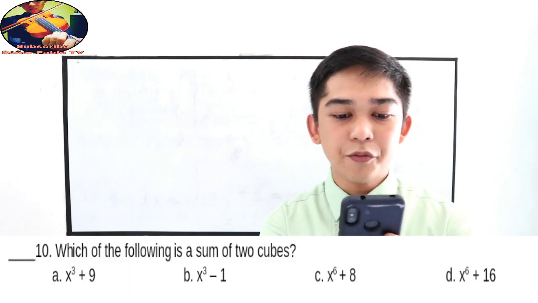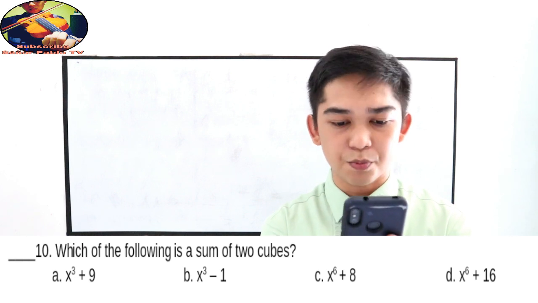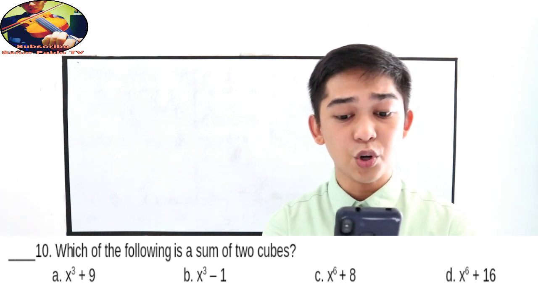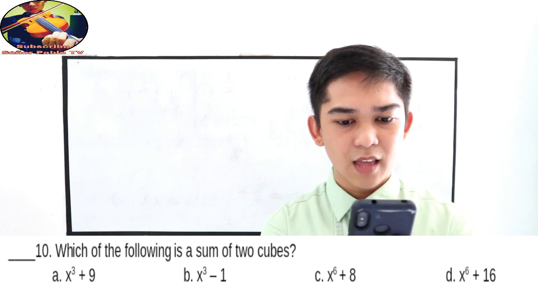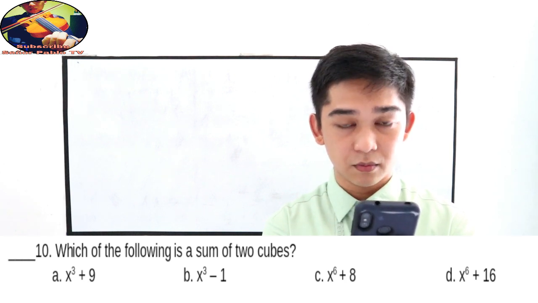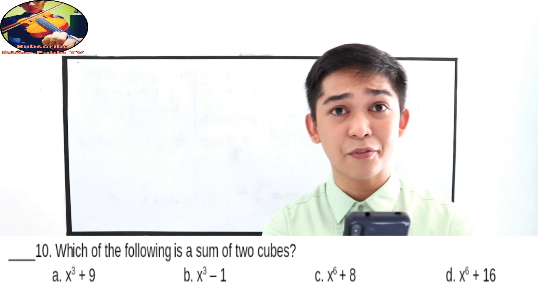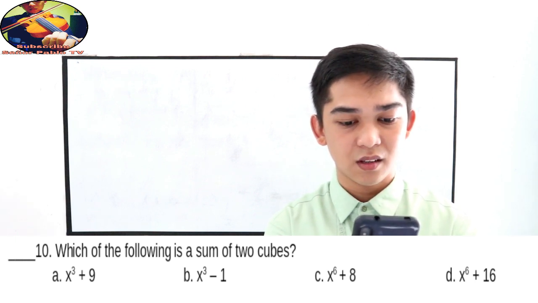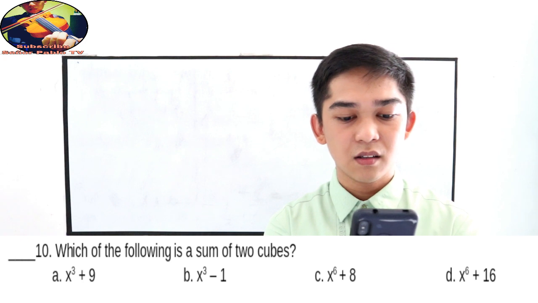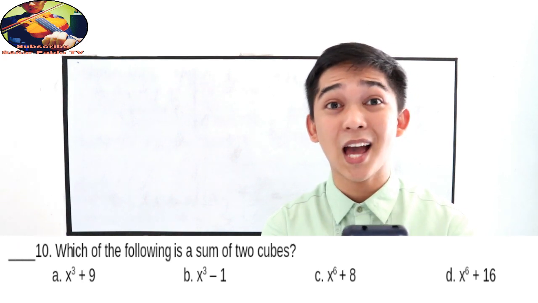Next, number 10. Which of the following is the sum of two cubes? Sum of two cubes. Dapat perfect cube. Letter A, 9 is not a perfect cube. Letter B, perfect cube sila pero sum ang hinahanap natin.